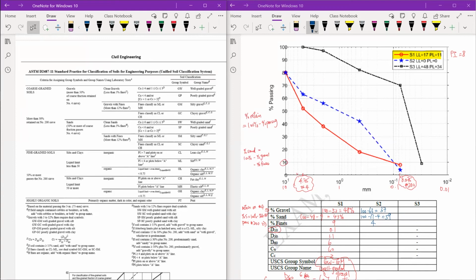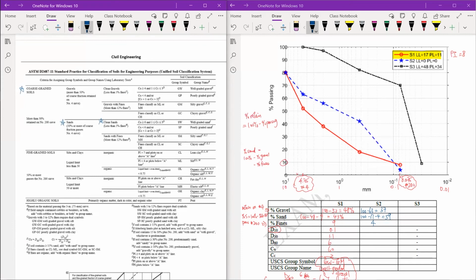So again, this is a coarse-grained soil. We have much more sand than gravel, 59% sand versus 37% gravel, so it is a sand material. And with only 4% fines, which is less than 5%, it is a clean sand.